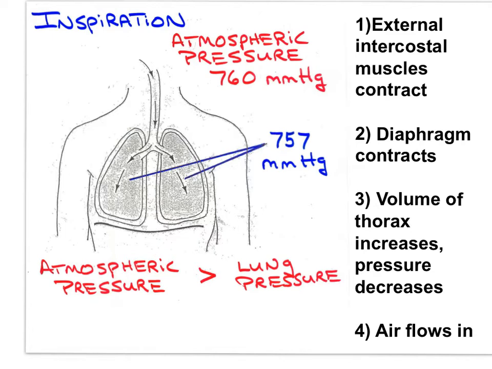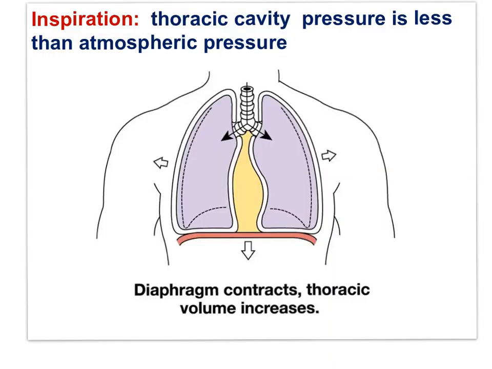Now, both of these events increase the volume of the thoracic cavity. Thus, the pressure within the cavity decreases relative to atmospheric pressure. Notice the lower pressure within the thoracic cavity relative to atmospheric pressure. Air flows in. Here is another image of inspiration.